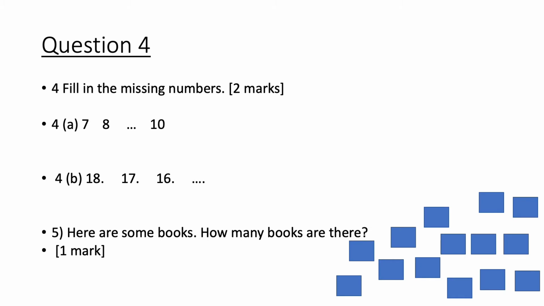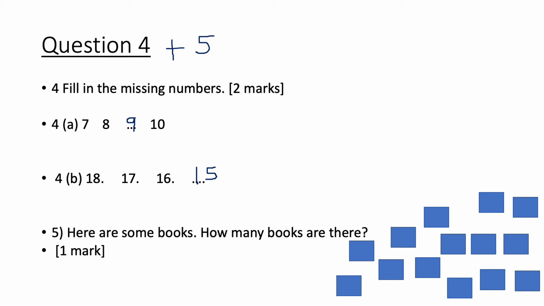Question number 4, guys, fill in the missing numbers. 7, 8, 9, 10, because it's going up in ones every time. Part B, 18, 17, 16, 15, so it's going down in ones every time. Question number 5. Here are some books. How many books are there?